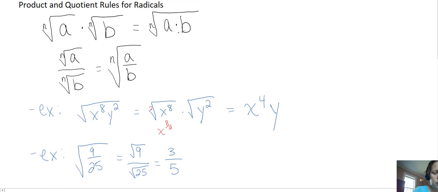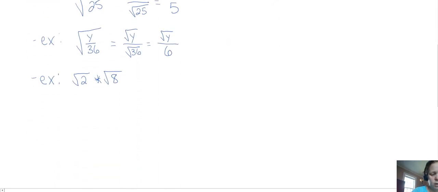Because right now I can't do the square root of 2, I can't do the square root of 8 and get nice numbers, but if I put this as square root of 2 times 8 together, now under that radical, 2 times 8 is 16. Square root of 16, now I can simplify to get 4. So now it comes out to a nice perfect square.